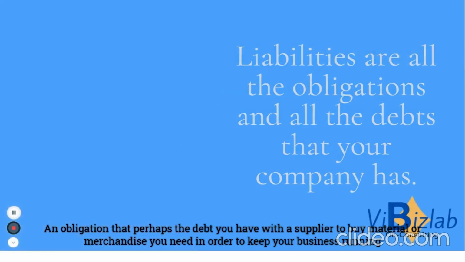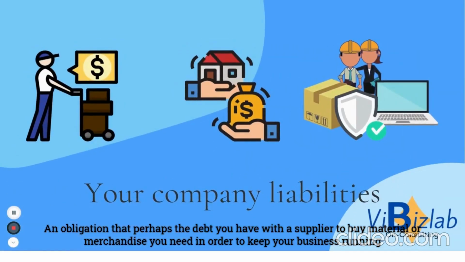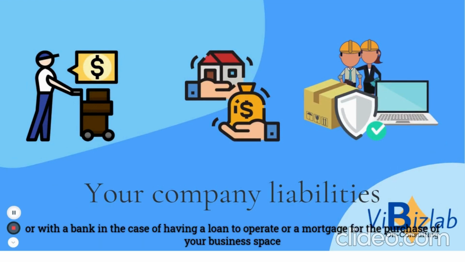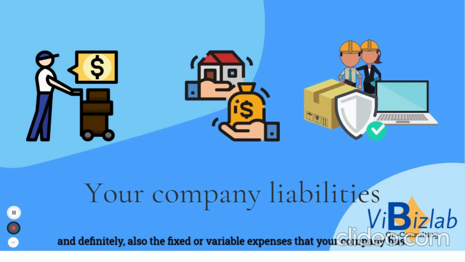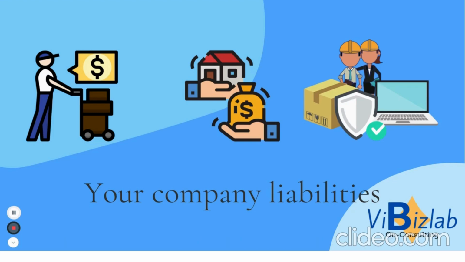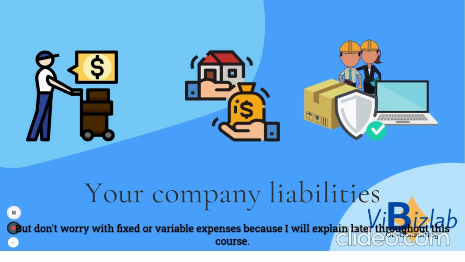An obligation could be the debt you have with a supplier to buy material or merchandise you need in order to keep your business running, or with a bank in the case of having a loan to operate, or a mortgage for the purchase of your business space. And definitely also the fixed or variable expenses that your company has. But don't worry about fixed or variable expenses because I will explain them later throughout this course.